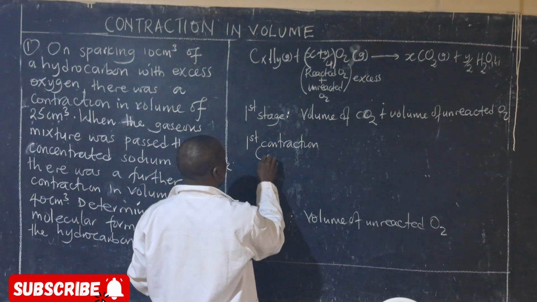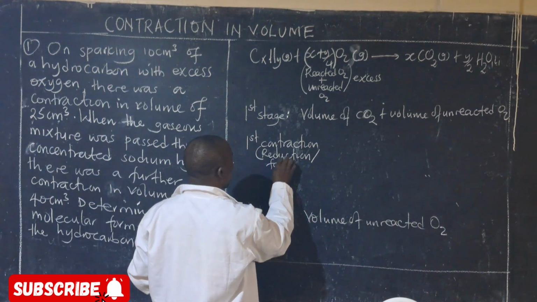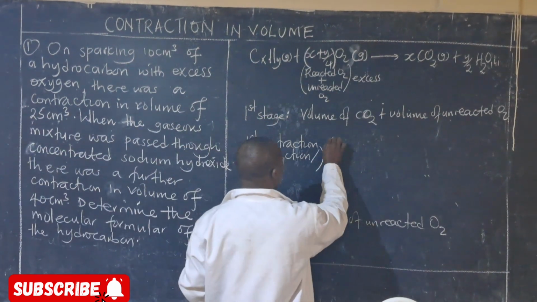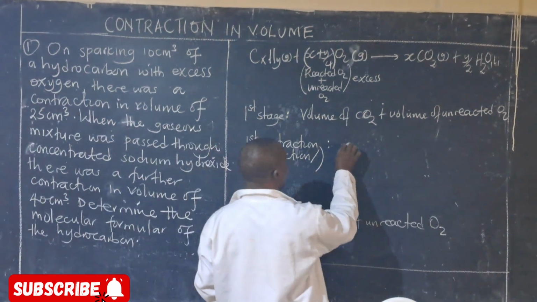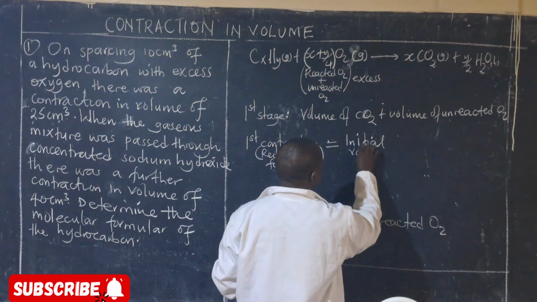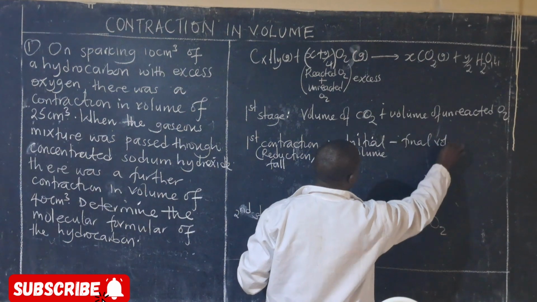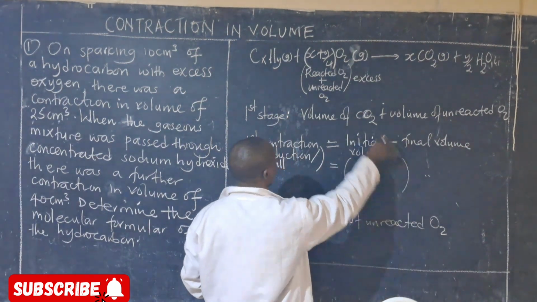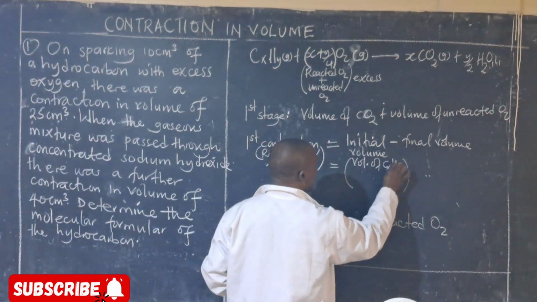Now the contraction can be mentioned as a reduction or a fall in volume or a diminution, any of those words. So in the first contraction, we consider it as the initial volume minus final volume. But we are looking at the very first stage here. Initial volume, what are you introducing in the container? You are introducing a hydrocarbon. So I have volume of hydrocarbon.